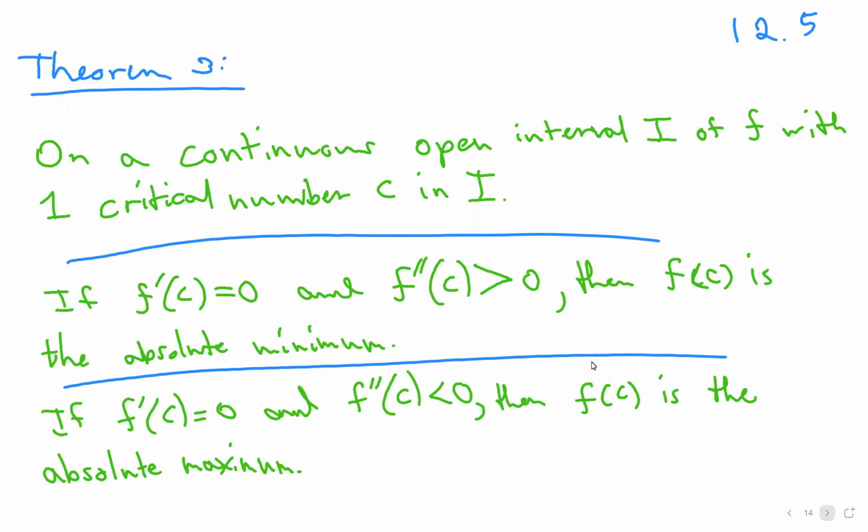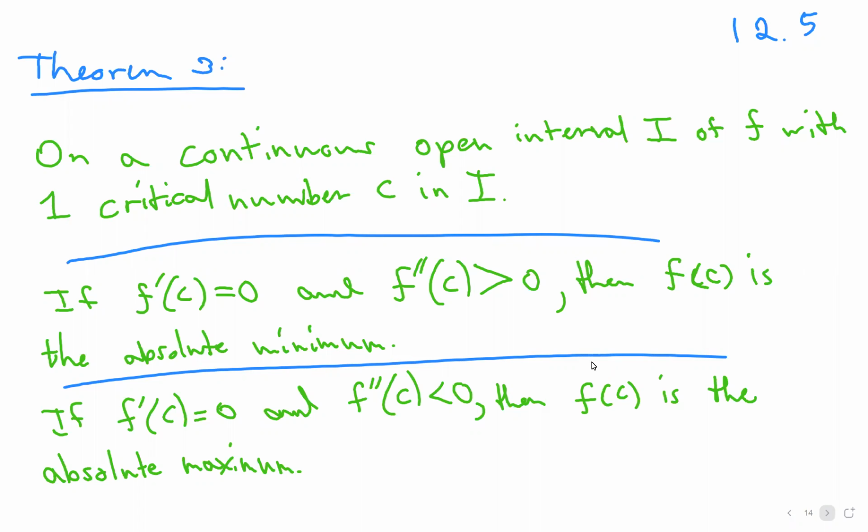Now, in the same situation, where f prime of c is equal to 0 and f double prime of c is less than 0, then f of c is the absolute maximum. These two situations are more or less just examples that can be drawn from the previous table, but it's on a particular interval where there's only one critical number for this theorem.